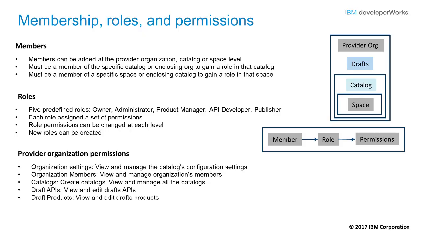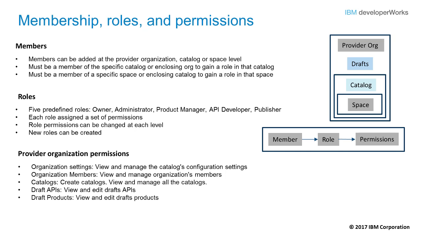API Connect uses membership, roles, and permissions to control who can do what within API Connect. There are members, there are roles, and there are provider organization permissions. Each member has a role assigned, and each role has a set of permissions assigned.